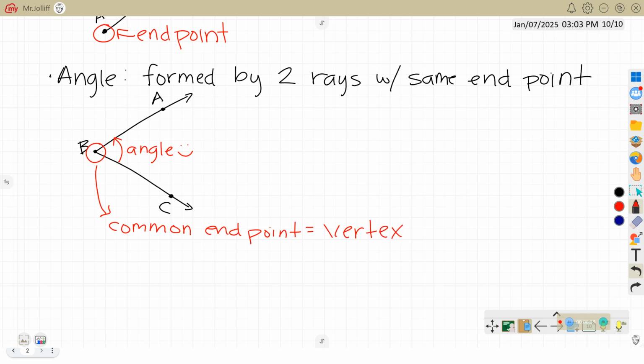So the vertex of this angle is A. No, B. Because it helps if I look at my own picture. So far, so good?